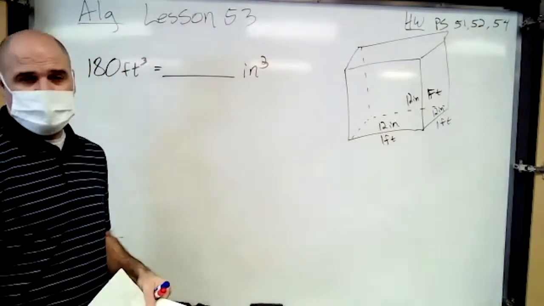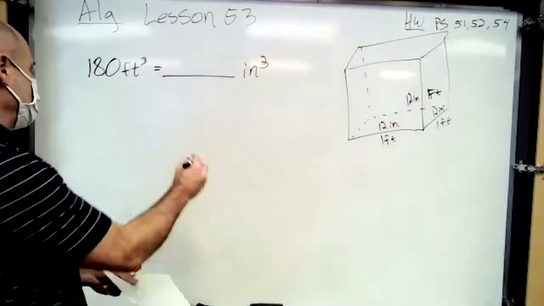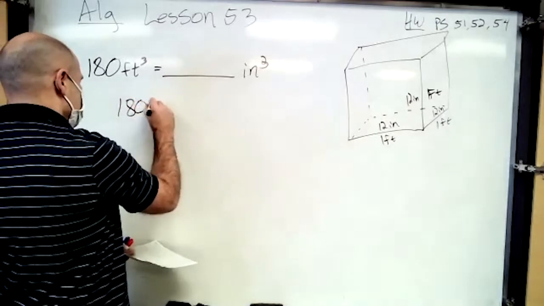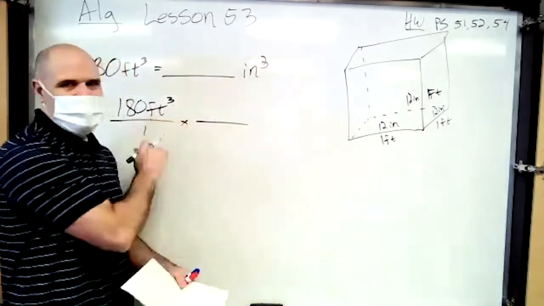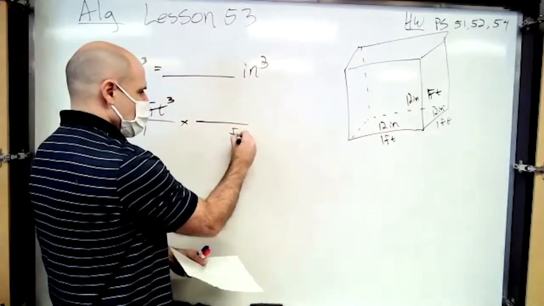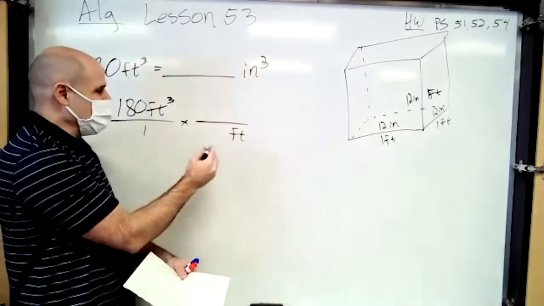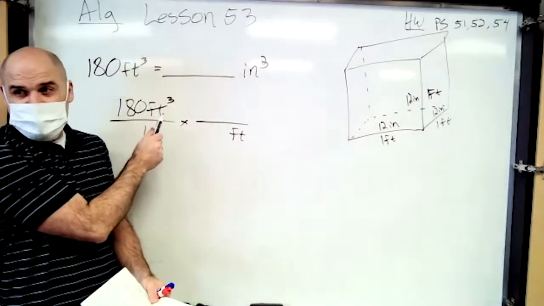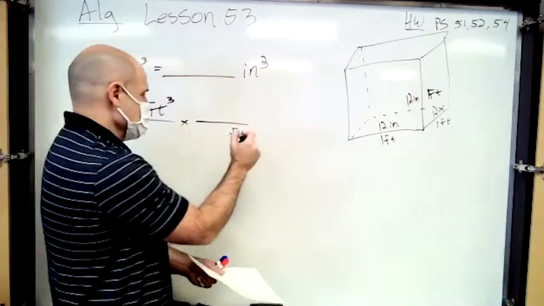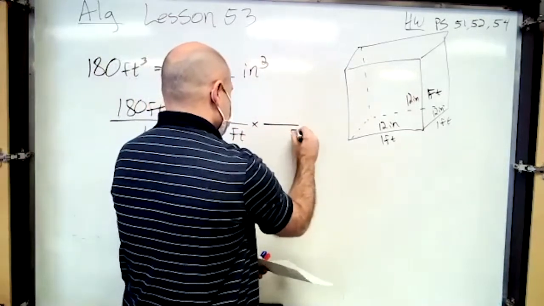What's the first step? Put it over 1, make it a fraction. To make a whole number a fraction, you put it over 1. Now we have to get rid of that label. We need the feet labels so we can cancel them. But how many feet labels are there right here? This is not just feet, this is feet, feet, feet. So we need 3 of these.